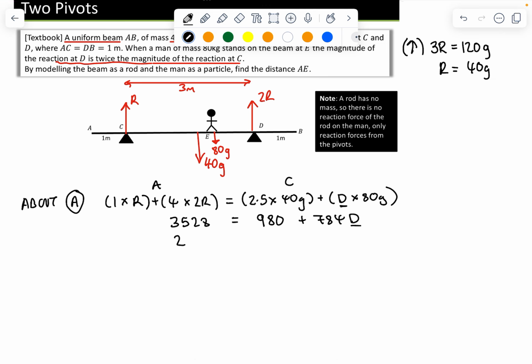So now I've got 2,548 equals 784D. I'm going to divide both sides by 784. And I get 3.25 equals the distance. So this is in meters. Okay. Now we started at A. So this is the distance from A to E. And I've answered the question.